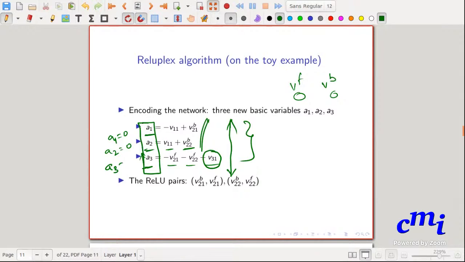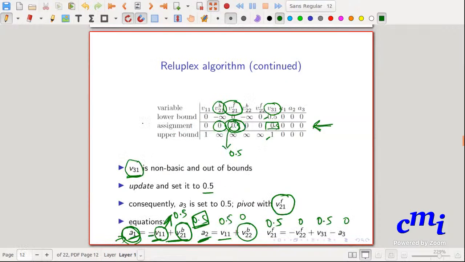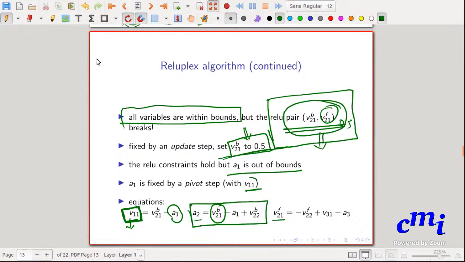So after you switch, you brought V11 here and switched.